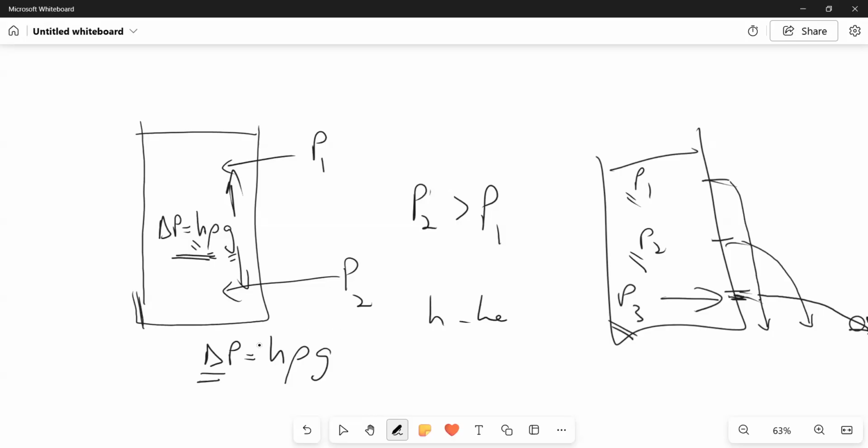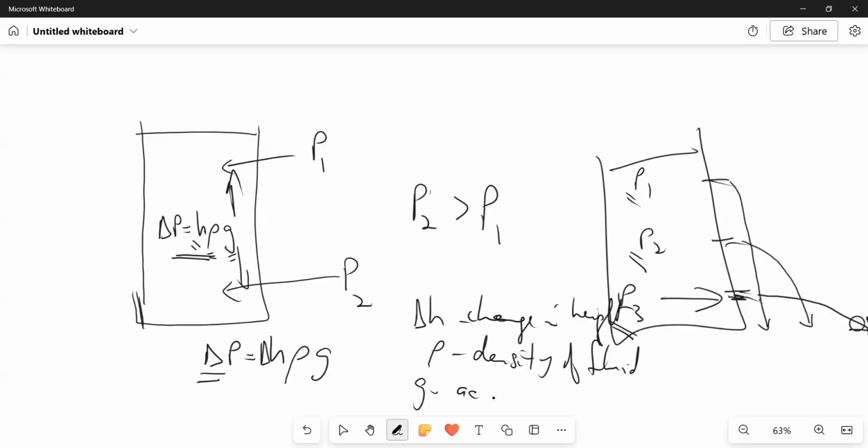Some places would put a delta here too, they might put delta H, change in height. Rho is the density of the fluid, and G is the acceleration due to gravity.